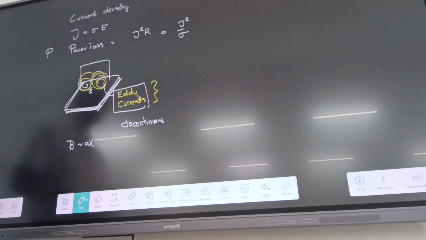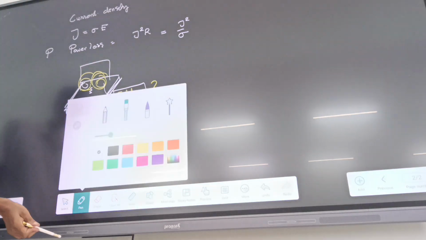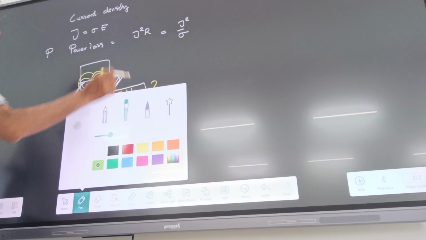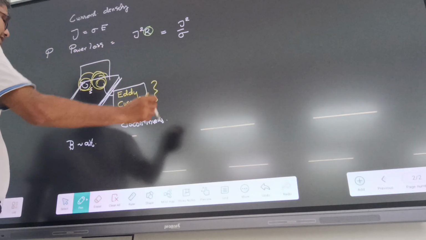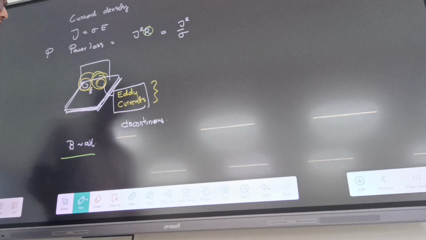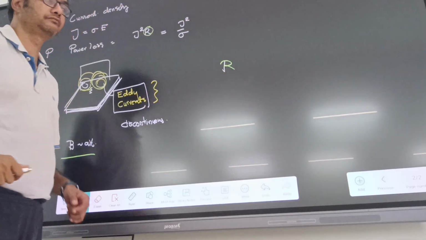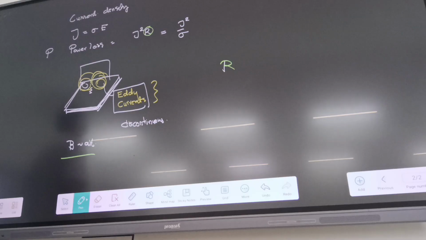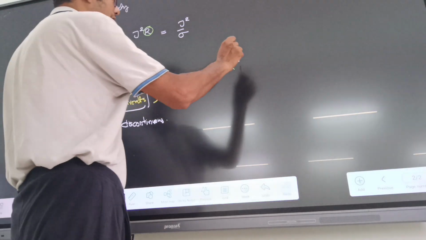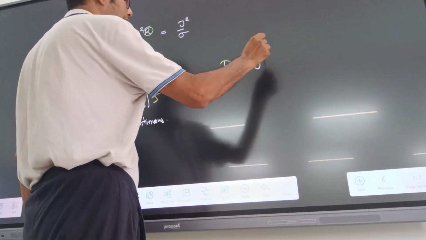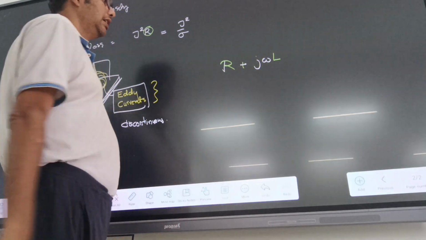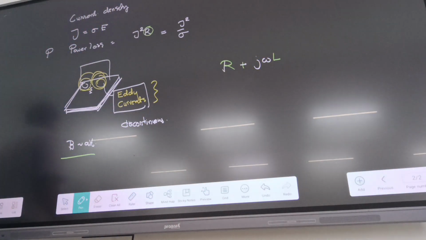Now this R is not just R. Here is actually the problem. Since we are using an alternating field, this R is not only R, there is also an omega L term.